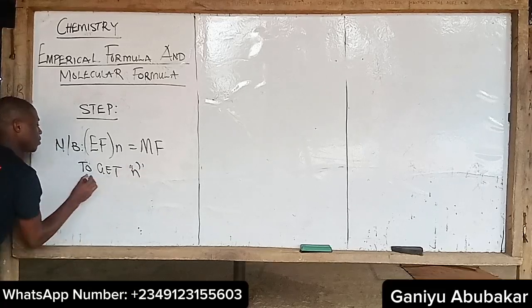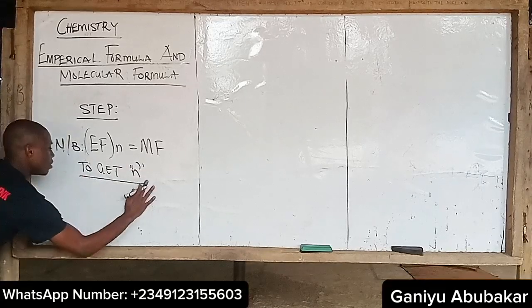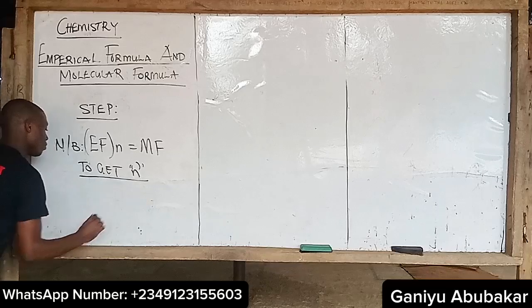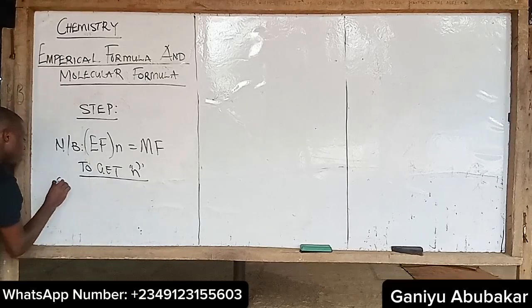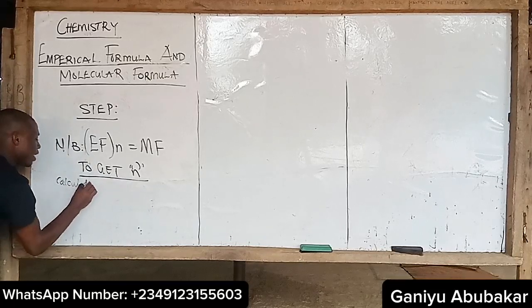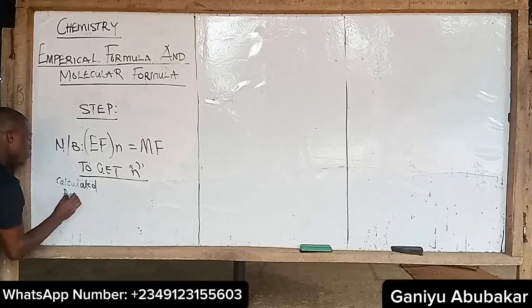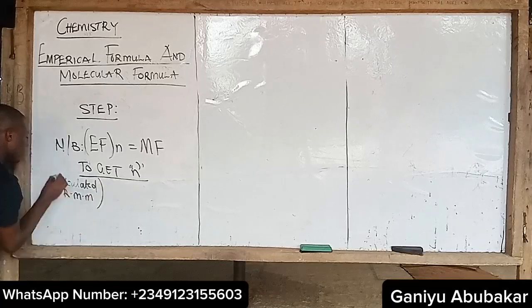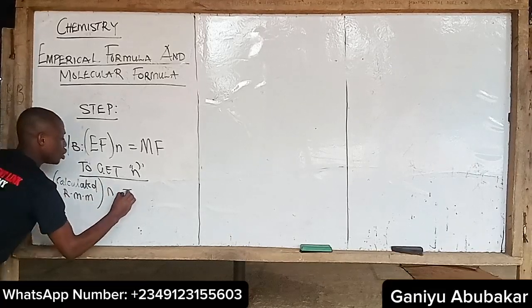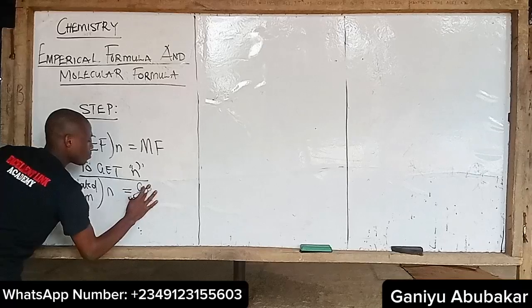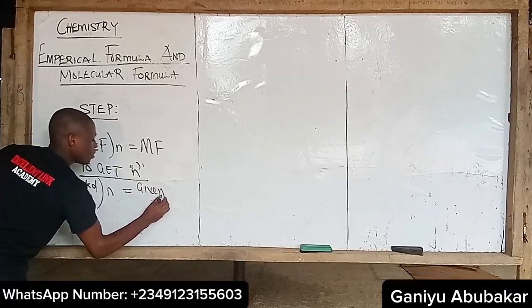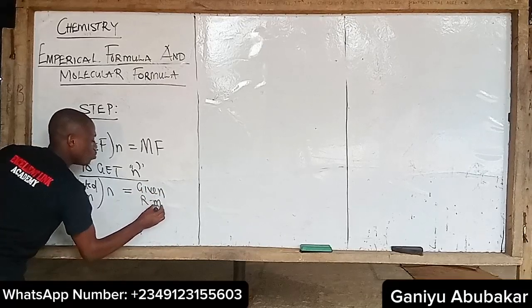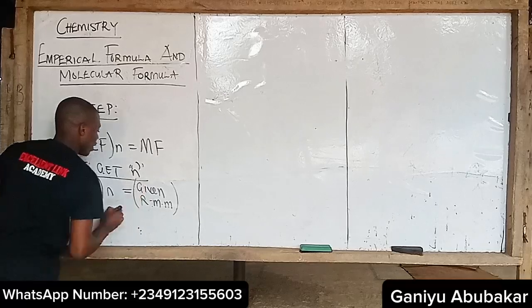How do you get n? To get n, the idea is that I will use the concept of calculated relative molecular mass multiplied by n is equal to the given relative molecular mass. So I have this.